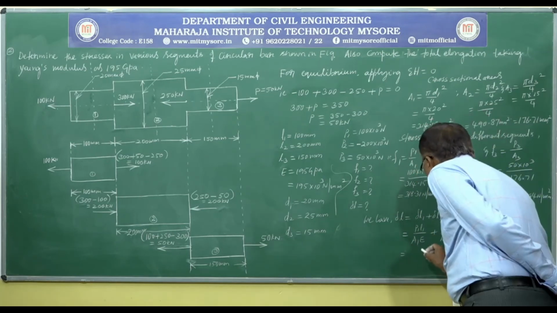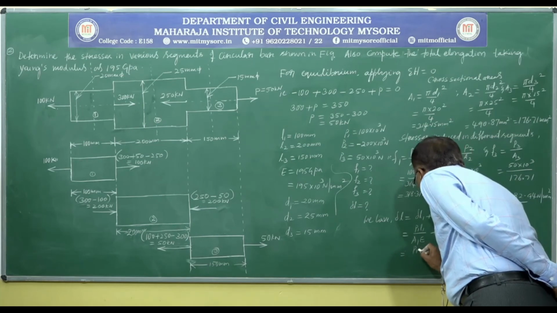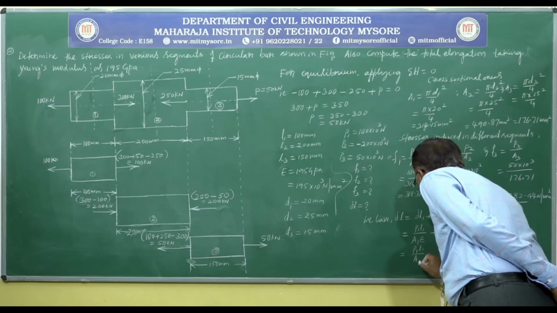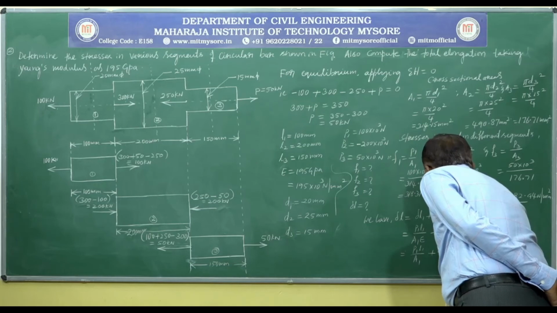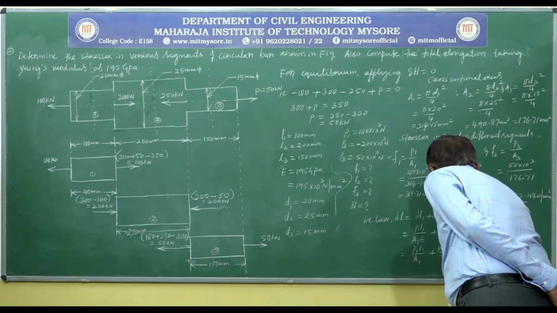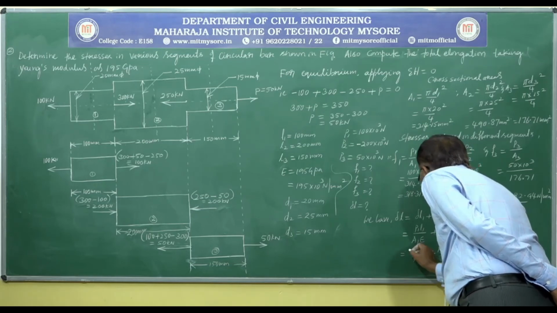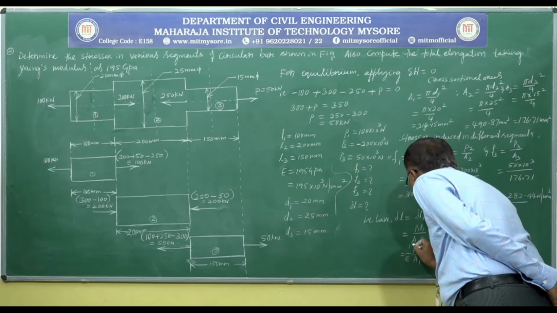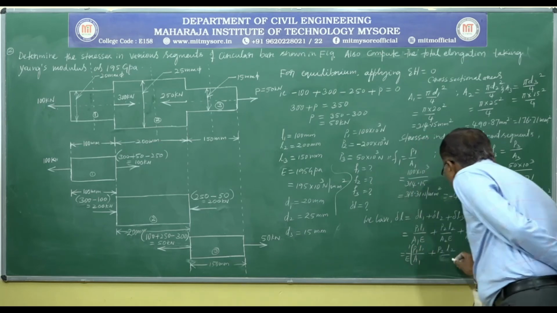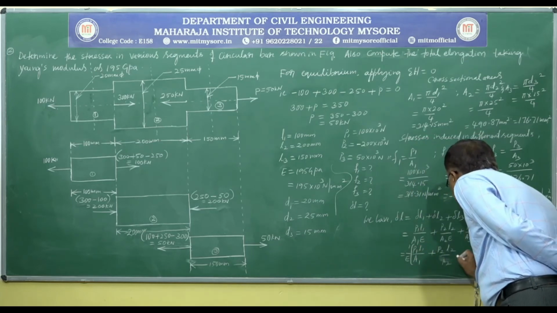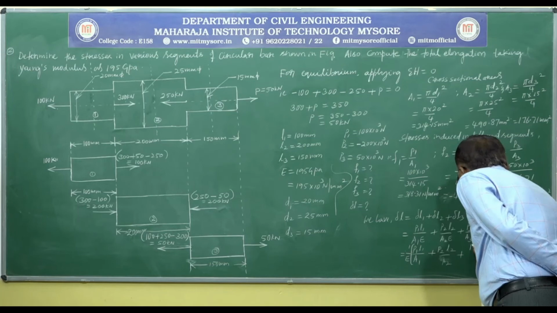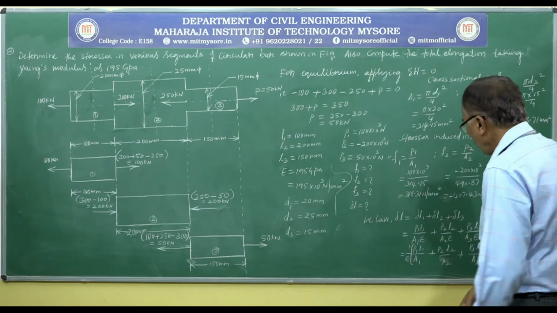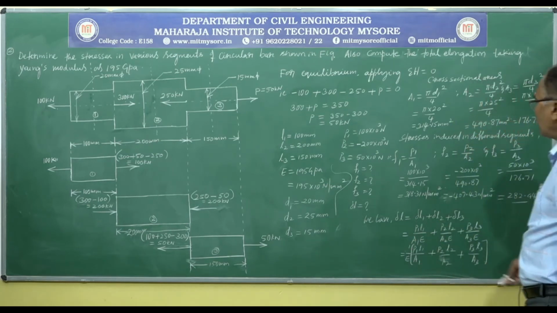Take 1 over E as a common factor, left with P1 L1 by A1 plus P2 L2 by A2 plus P3 L3 by A3.